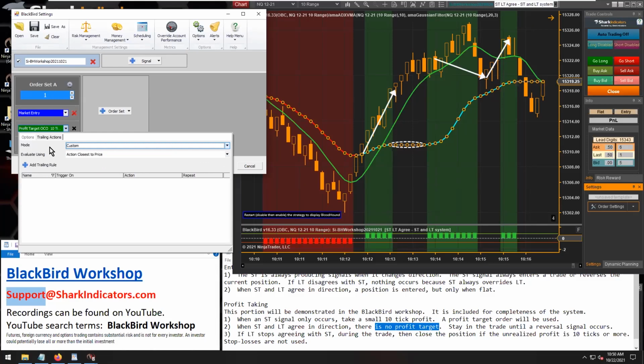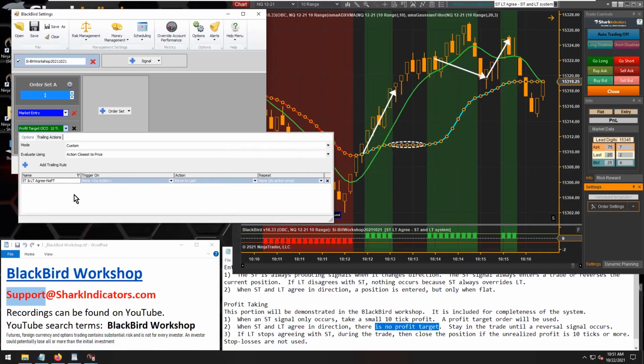We're going to add a trailing rule here. All right, so when the short-term and long-term indicator agree, then we want no profit target.